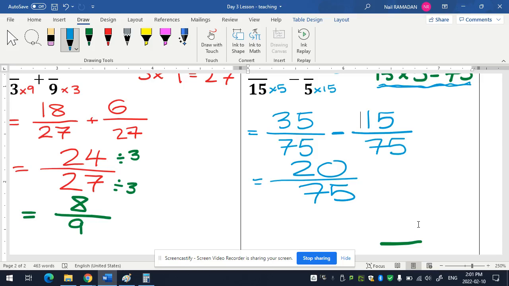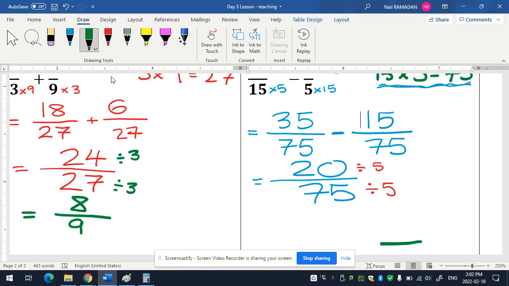Do you think 20 and 75 could be simplified? Yeah. I'll give you a hint. One of them ends in a 0 and one of them ends in a 5. What's the common divisor between them? All numbers ending in 0 or 5 divide 5. Yes. So divide 5, divide 5.